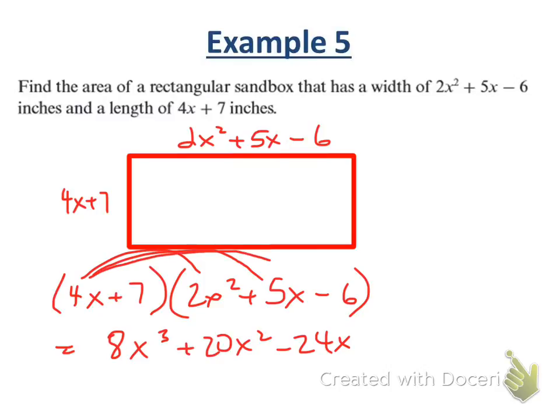I'm a full-grown math student, and I still draw these lines if I was working a problem like this, so you don't forget anything, right? 7 times 2x squared is 14x squared.